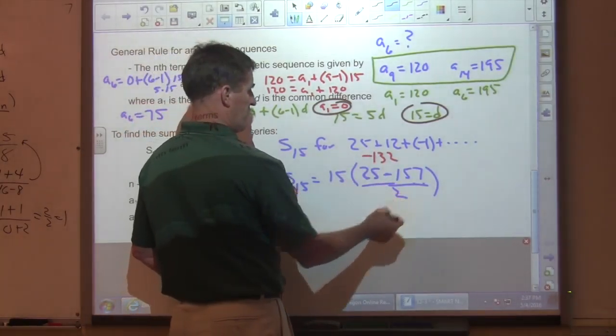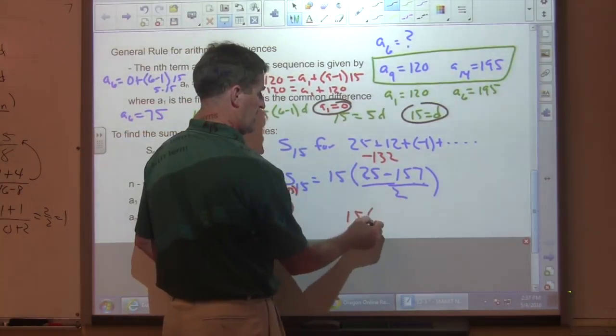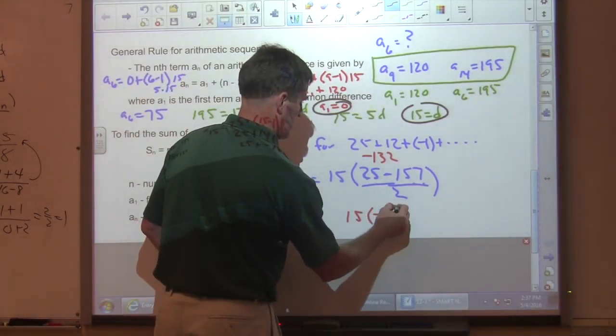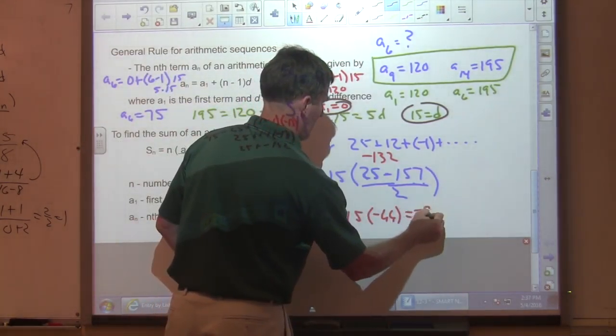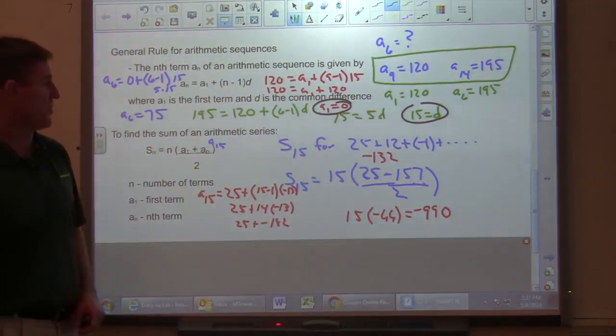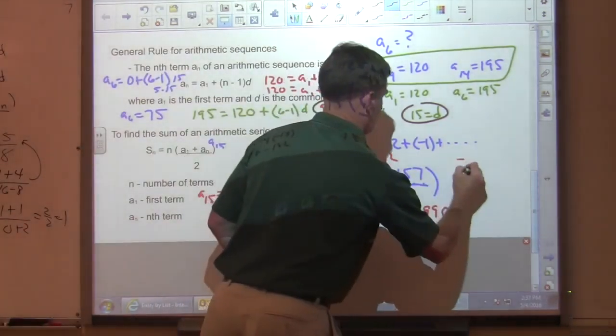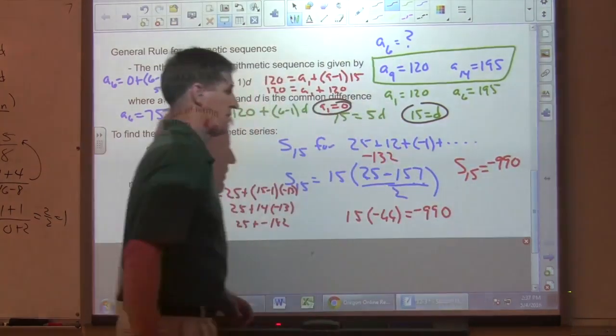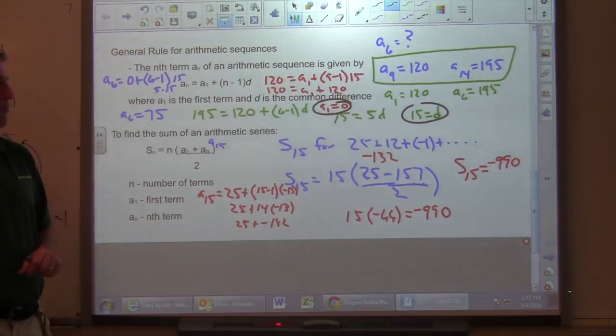Negative 132 divided by 2 becomes negative 66, and 15 times negative 66 is a negative 990. Okay? So S of 15 equals a negative 990 if you add all the numbers up.